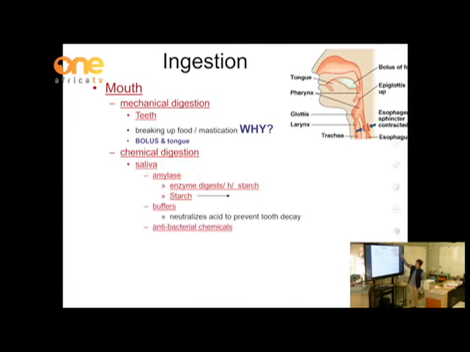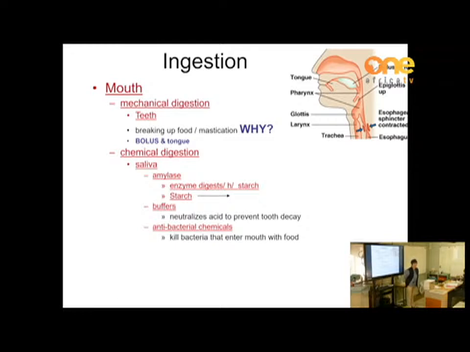Now, the saliva is not only for digestion. The saliva also acts as a buffer to neutralize the acid. We sometimes eat food that is very acidic, and saliva will neutralize it to prevent tooth decay. You know, nowadays they sell chewing gum by saying it will prevent tooth decay.